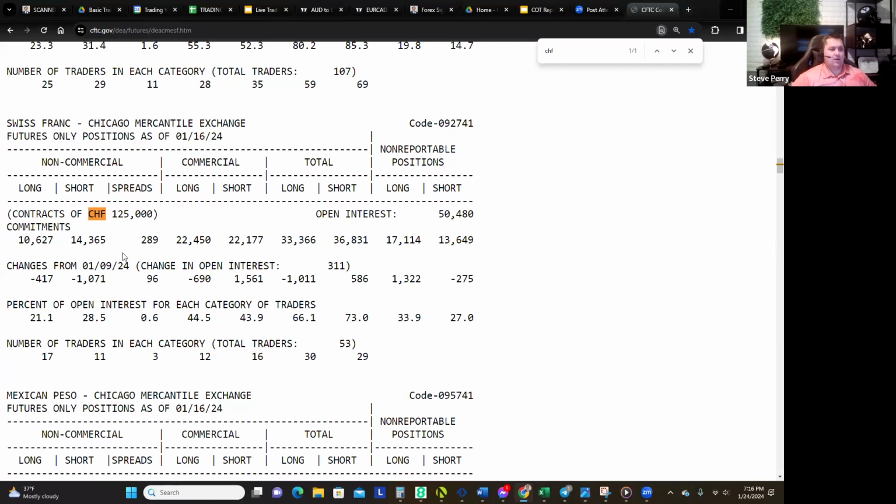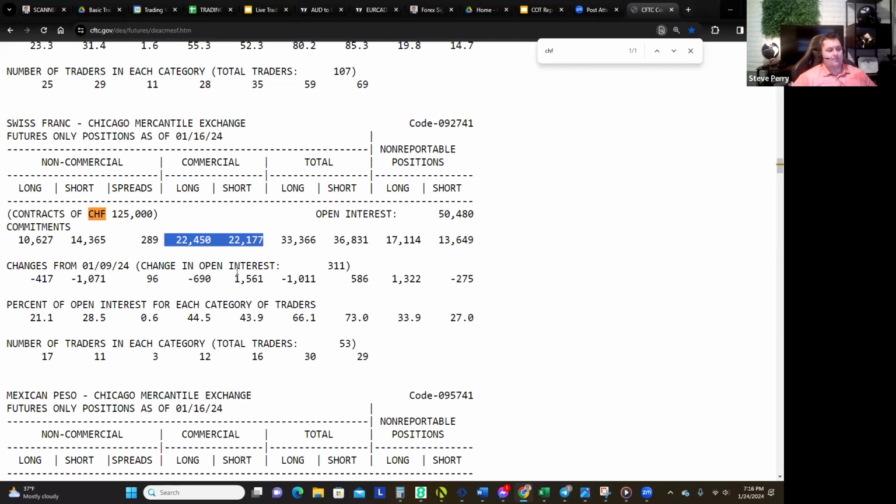Well, look at the Swiss franc right here, much smaller, right? You've got 10,000 contracts versus 14,000 on the short side here. On the commercial side, you have 20,000, 22,000 a piece, right? That's not nearly the tune of the euro. So one of the unique things we did is we made this a proportional percentage.